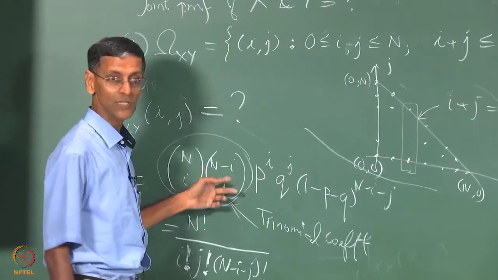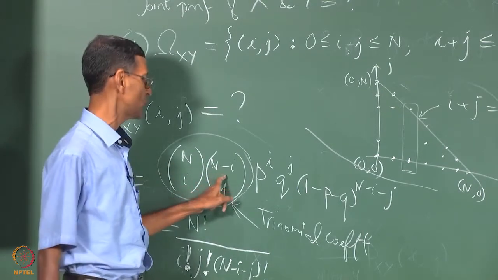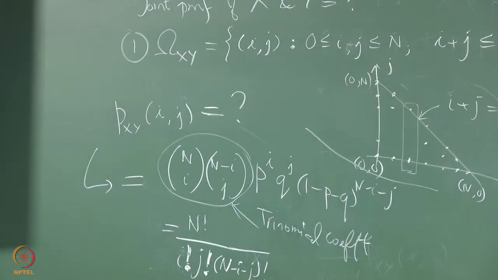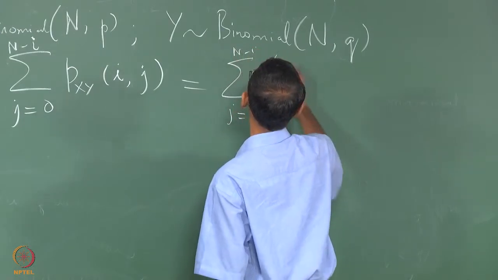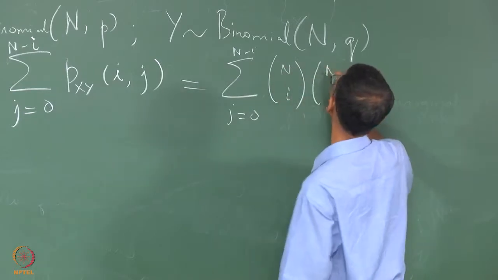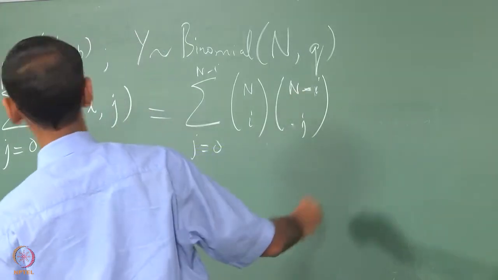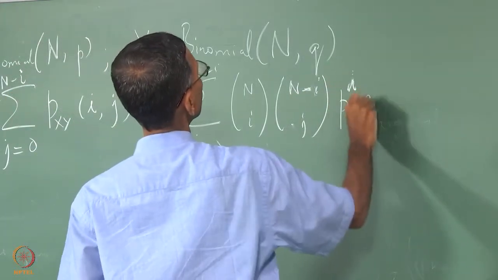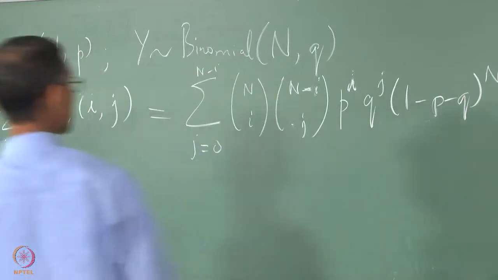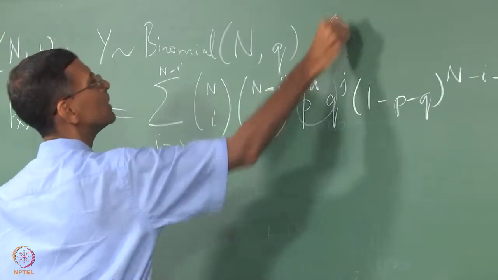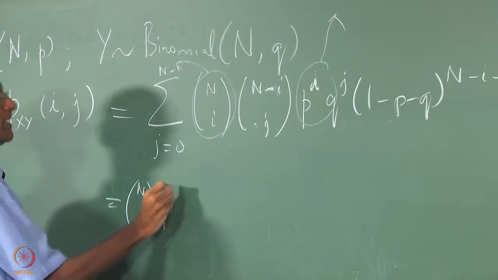You can start from this version with two different combinatorial terms, pull out the n choose i and leave the i choose j. So what do I do here? This guy I can take out, this guy also I can take out. So therefore this is n choose i p to the power i.